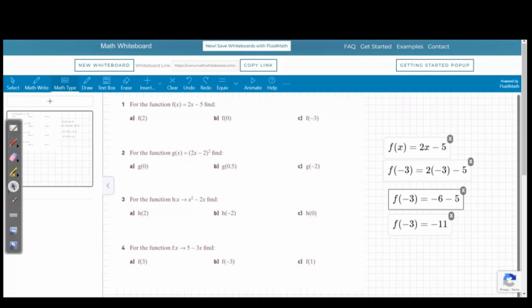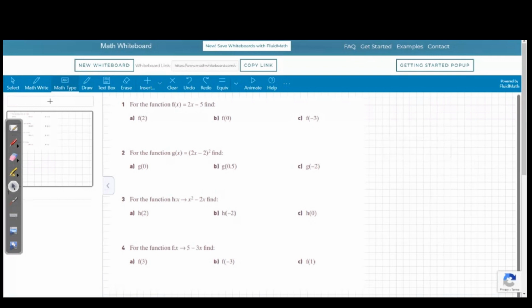That is it. Okay. So I want to go on to the next question that says that for the function g of x equals (2x minus 2) all raised to the power 2, find g of 0, g of 0.5, and then g of negative 2. Let me clean what I did.